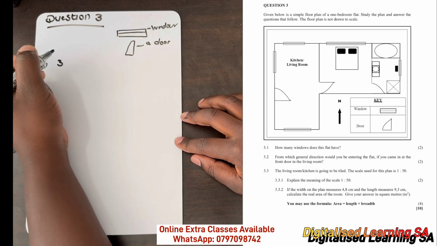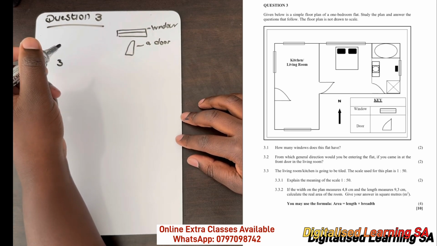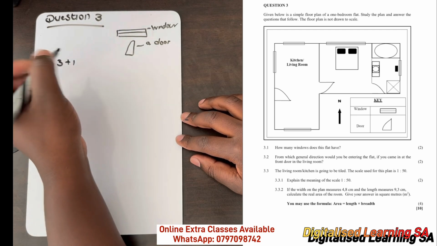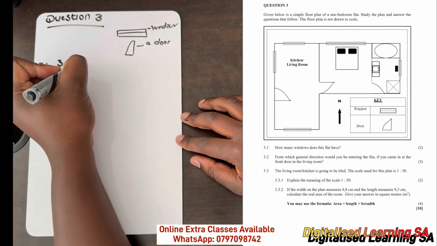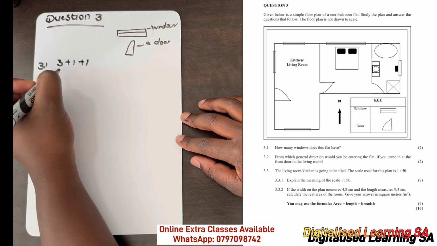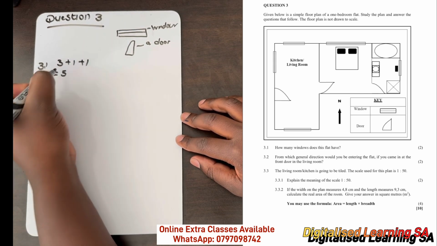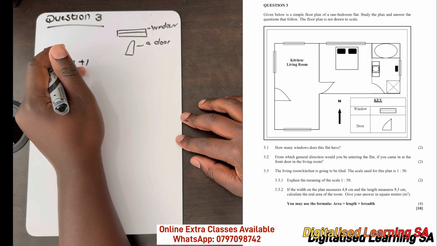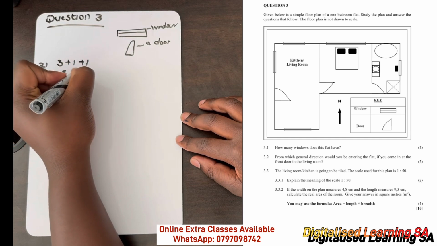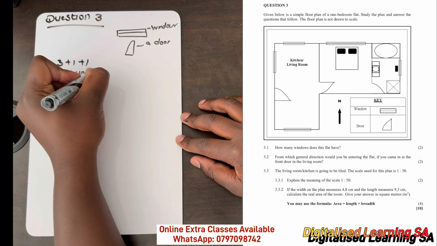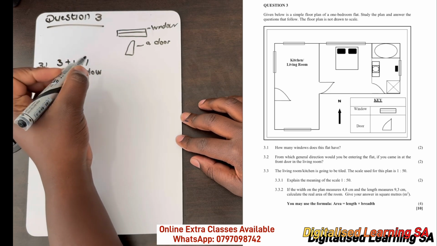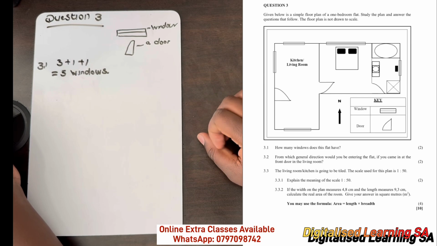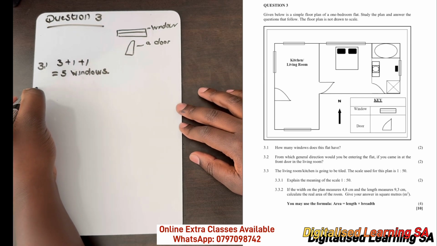Then in the bedroom there is a window, and in the bathroom again there is a window, meaning that our total will be 5 windows.